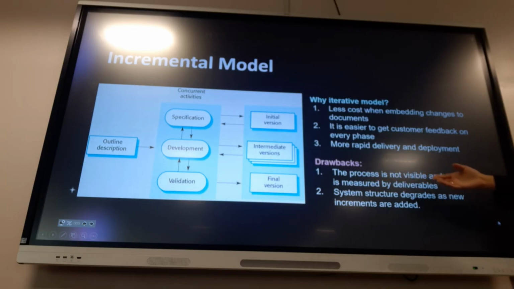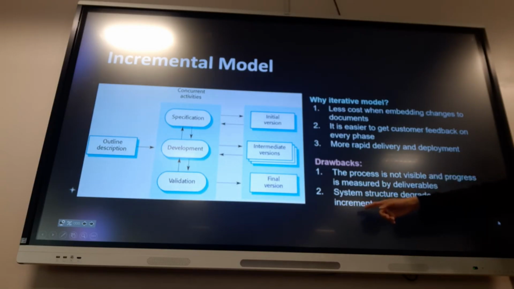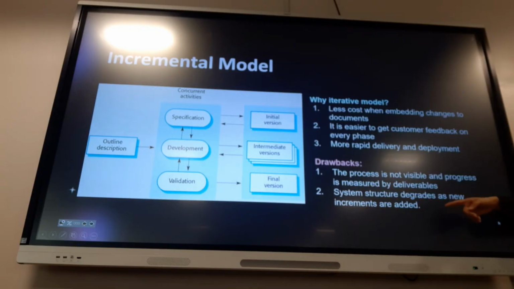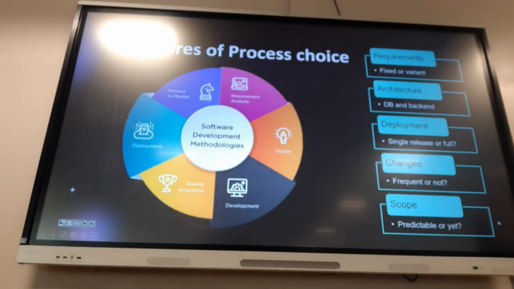There's no documentation. The progress can only be measured by deliverables, but you can't see it properly documented or measured in any other way. And the structure can degrade with every new increment you add, so things get more complex and harder to change later on. I will stop it here.